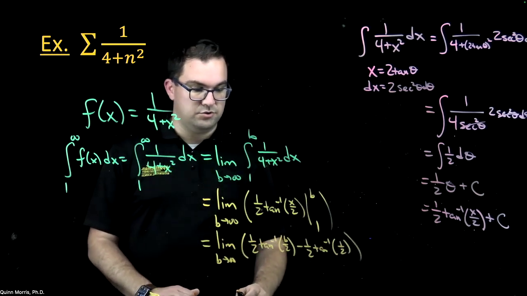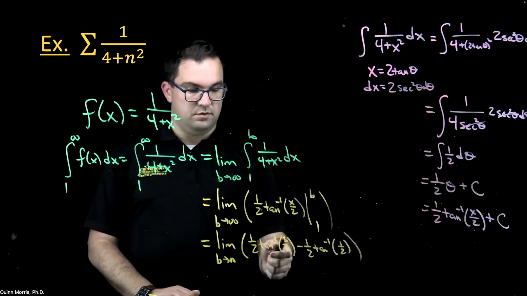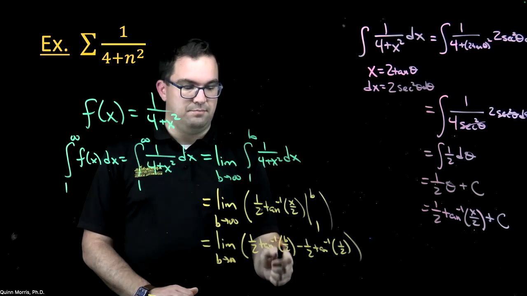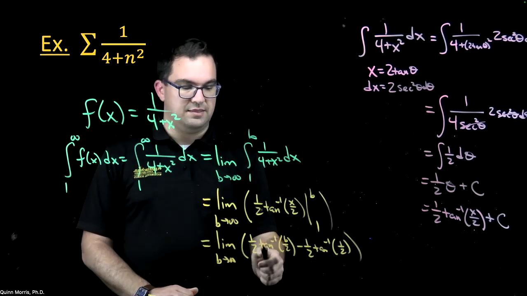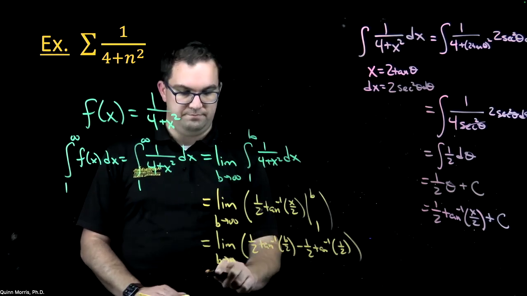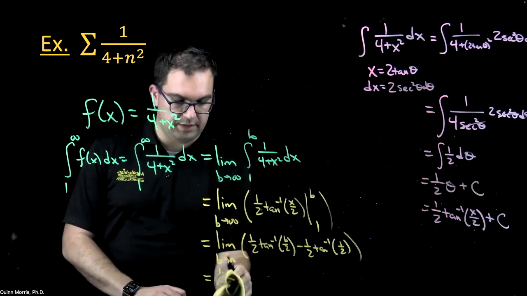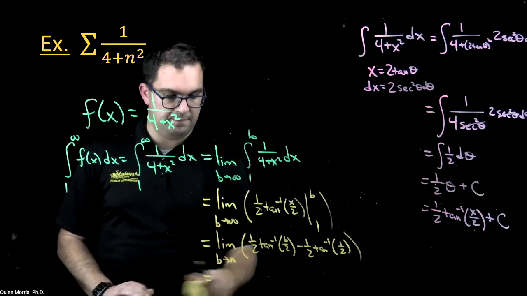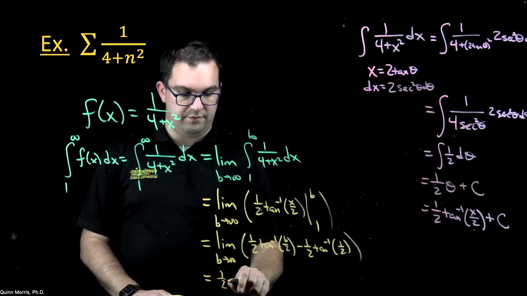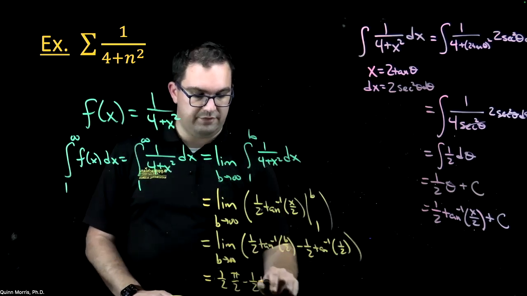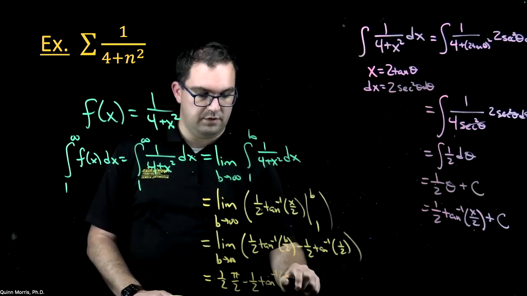Now, as b goes to infinity, the input of tangent inverse goes to infinity, and this goes to pi over 2. Sorry, I'm taking the limit now, so I can drop the limit. This will be 1/2 times pi over 2 minus 1/2 tangent inverse of 1/2.